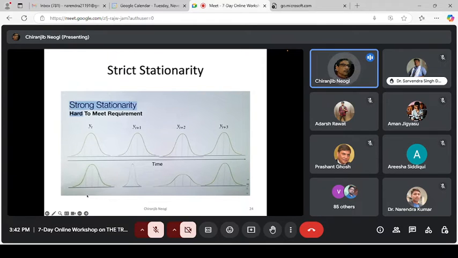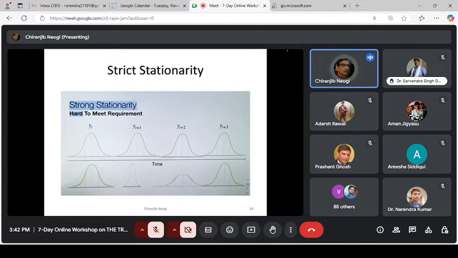So in reality, what we find is that the distributions are different for different time points, where the mean and variance of the distribution change. Here the mean and variance are the same, but here the mean and variance are changing.